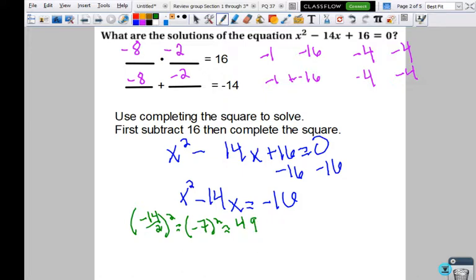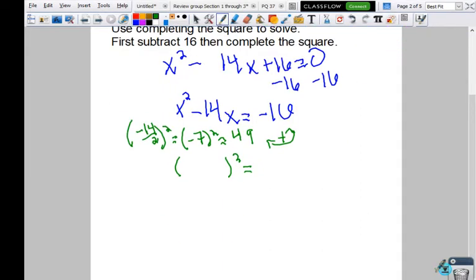And I'm going to go straight into my shortcut, because you guys hopefully did your homework yesterday and practiced a bunch of these. So my shortcut says I'm going to have parentheses squared. It's going to equal whatever these two things added together are, 49 plus negative 16, which is 33.